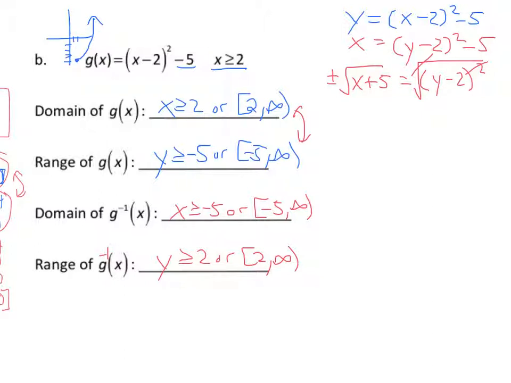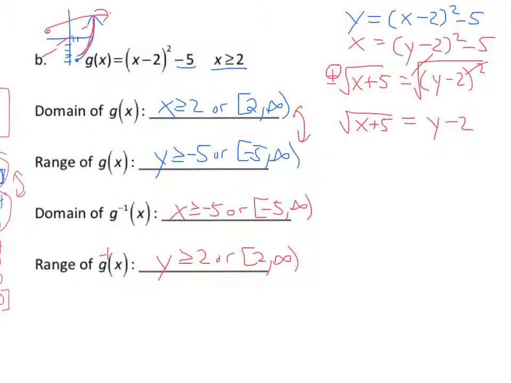Now, we would normally put plus or minus, but in this case, since we are reflecting, we're only using half of this graph, we're using the positive half and reflecting it, and we'll get a graph that looks something like this. We're only going to keep the positive case for this, so we aren't going to keep the plus or minus. We're just going to use square root of x plus 5 equals y minus 2.